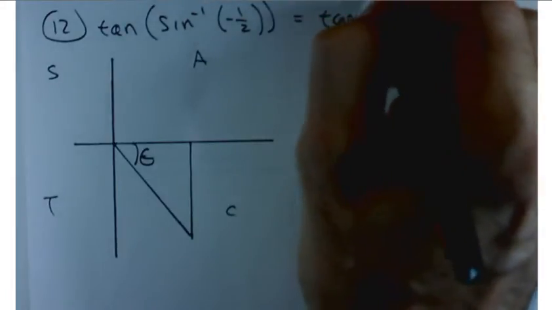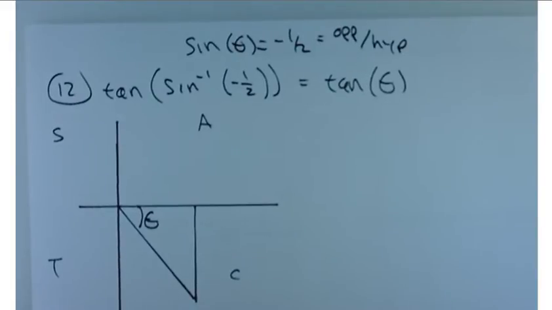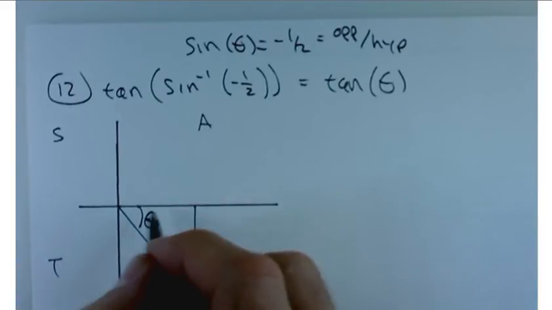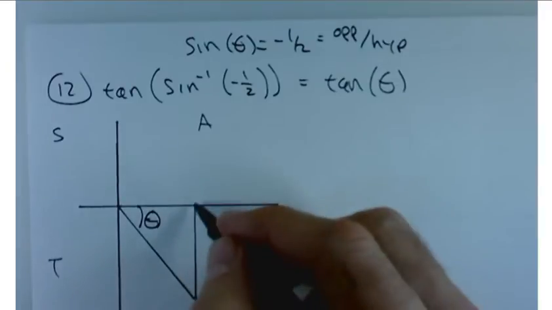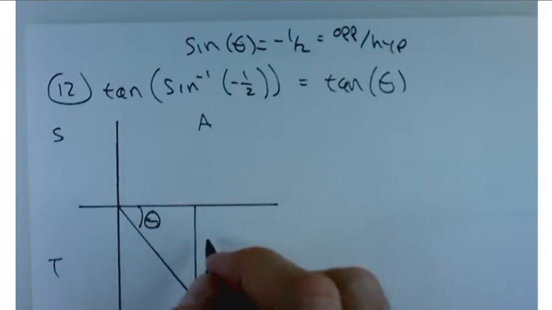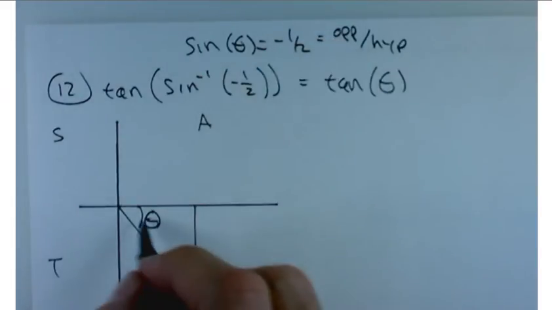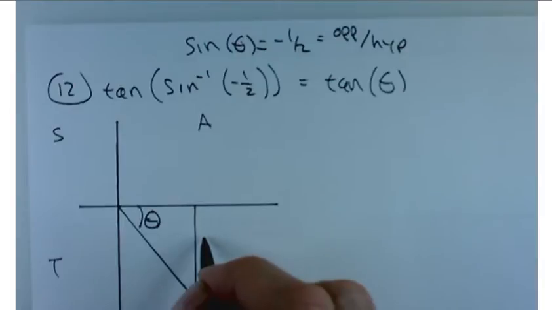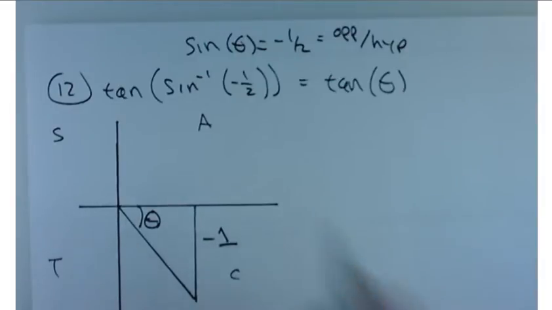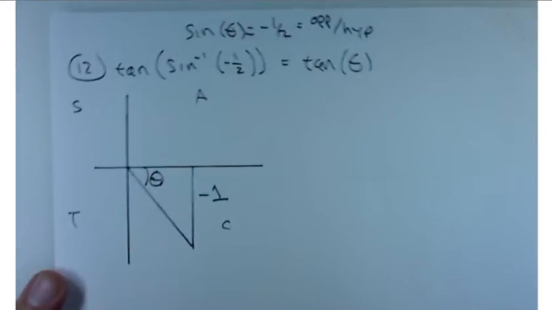Sine is the opposite over the hypotenuse. What side is this one right here, the long vertical side? Well, from the point of view of theta, that would be your opposite side. So let me give that a negative 1.